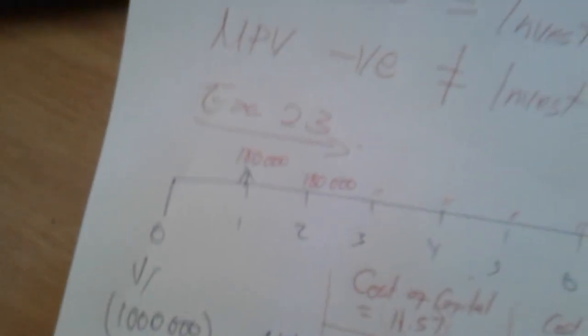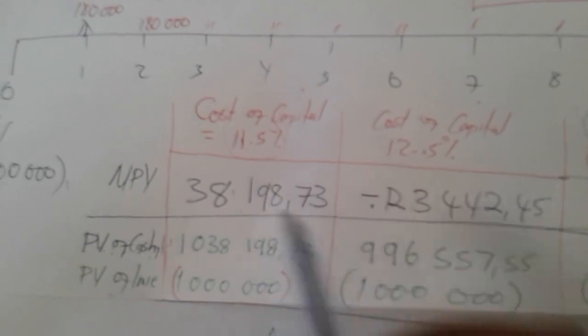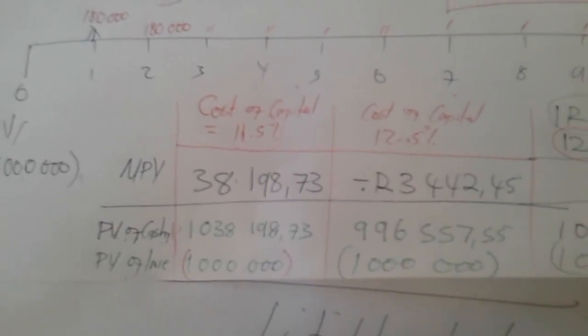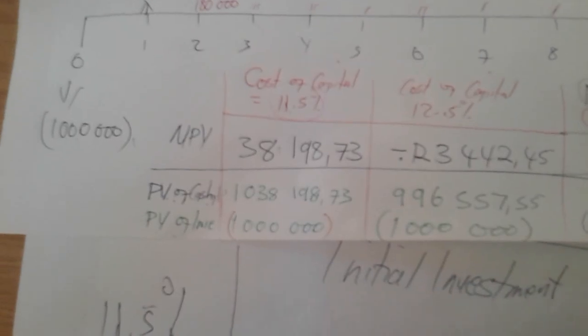Okay, so without wasting time, I want us to use the ones that we've already done here. So let's calculate PI using 11.5%. Let's calculate our PI.